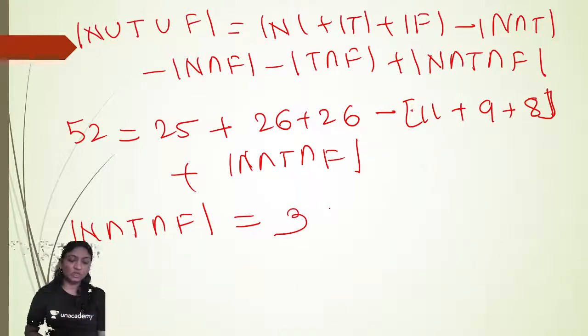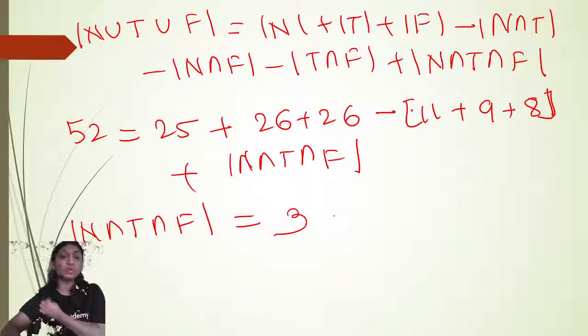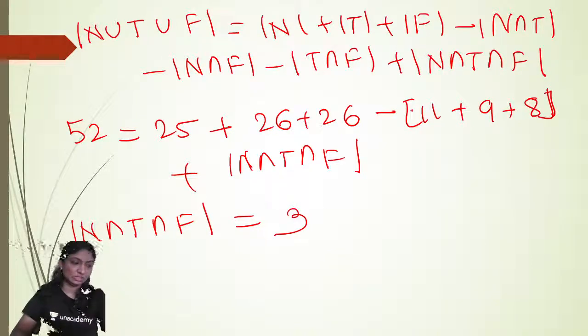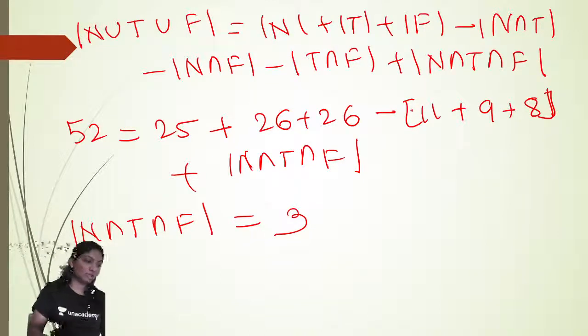So the cardinality of N intersection T intersection F is equal to 3. It means there are 3 people who read all the 3 magazines.